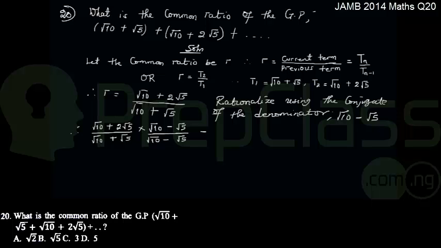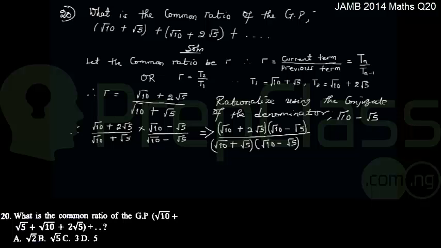Multiplying numerators with numerators, I will have root 10 plus 2 root 5 into brackets root 10 minus root 5, all over root 10 plus root 5 into brackets root 10 minus root 5.